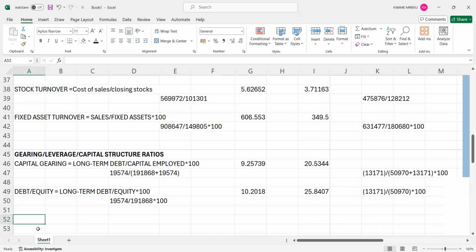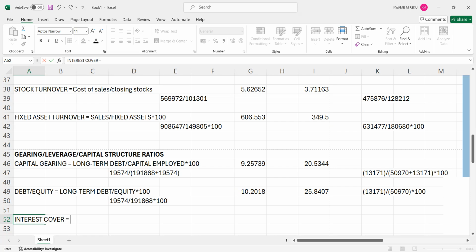Lastly, this is what we call the interest cover. Are you able to generate enough profits to meet the payments of your interest?